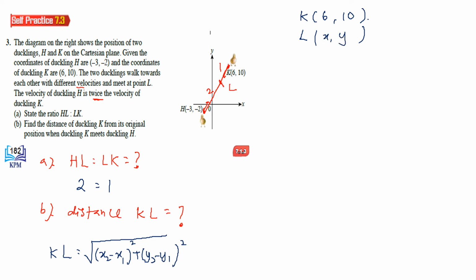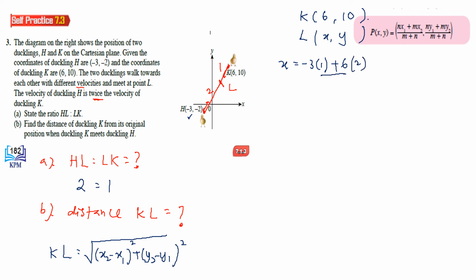So we are still using the same formula, the section formula. We start with x, so the x of L. We start with the first x, negative 3, multiply with the opposite ratio, 1, plus the second x, which is 6, multiplied with the opposite ratio, which is 2, and divide by 2 plus 1, which is 3.